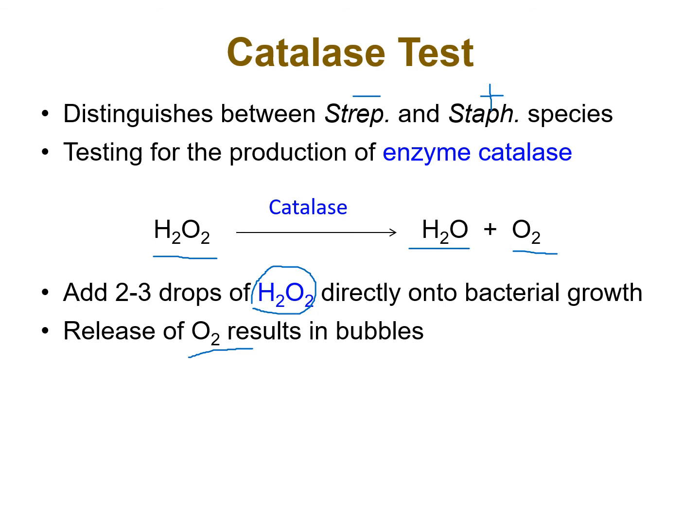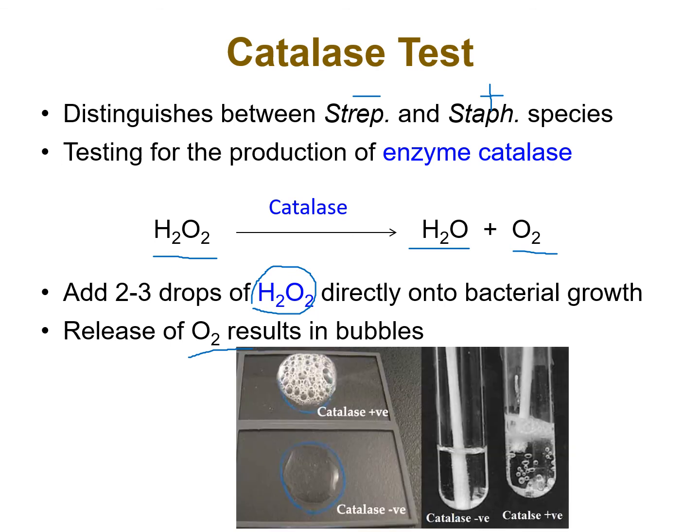So let me show you an example. By the way, you can take a sample of your bacteria and put it on a slide. Instead of adding hydrogen peroxide to your whole entire plate, just take a sample of your bacteria. You would put a sample of your bacteria on the slide, and then add some hydrogen peroxide, and then just wait and see what happens.